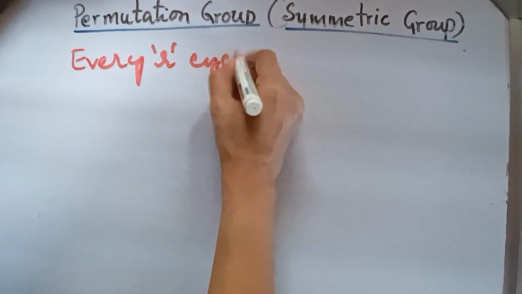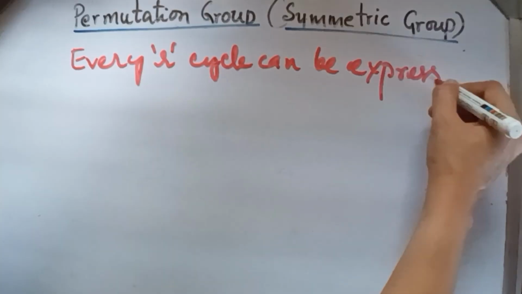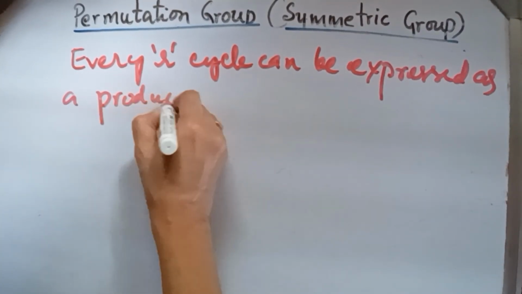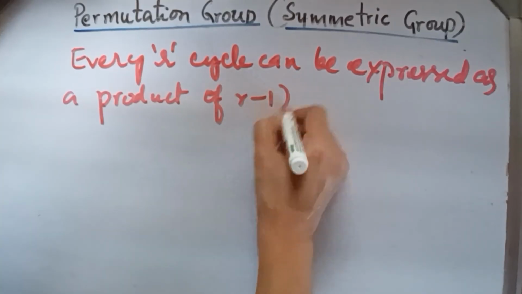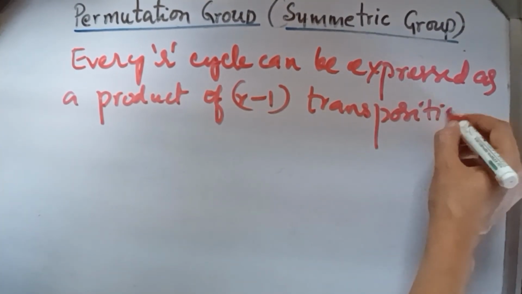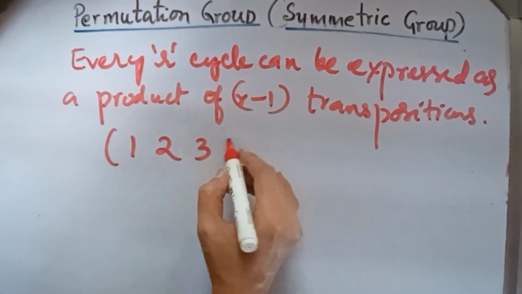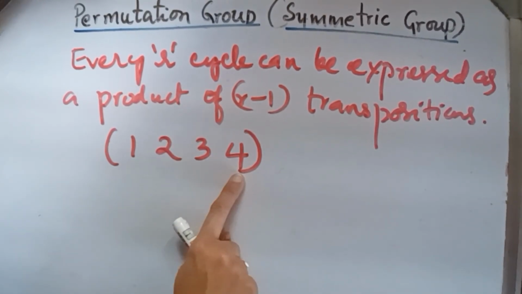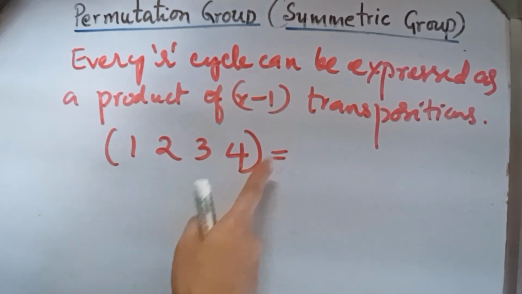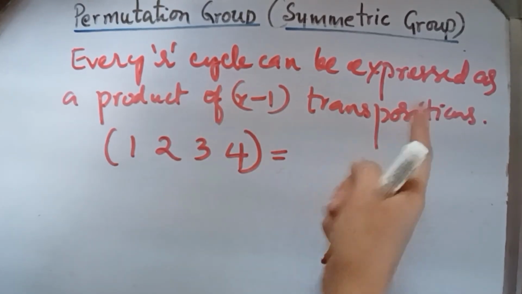every r-cycle can be expressed as a product of r minus 1 transpositions. What is the meaning of this? Suppose I give you one r-cycle, here a 4-cycle. Now, this 4-cycle can be written as a product of 3 transpositions.